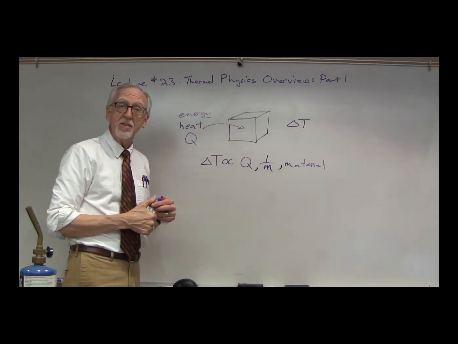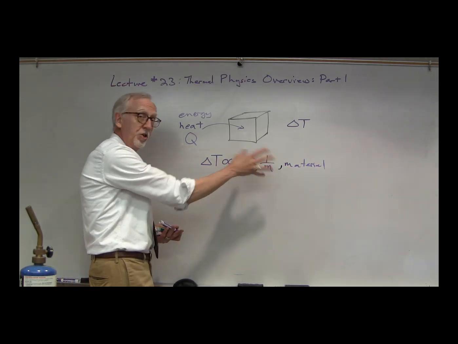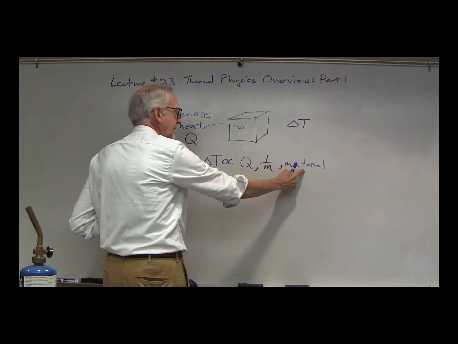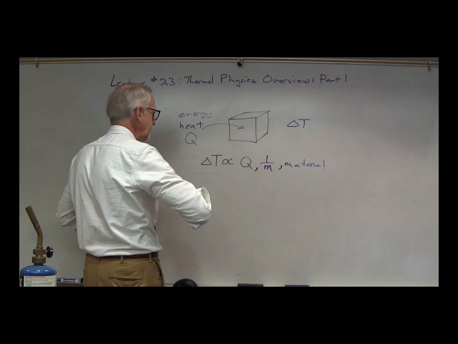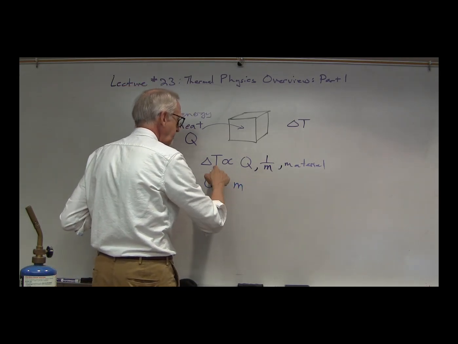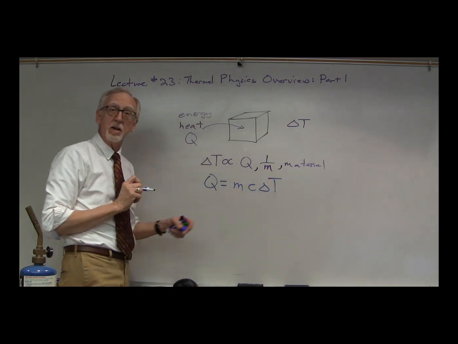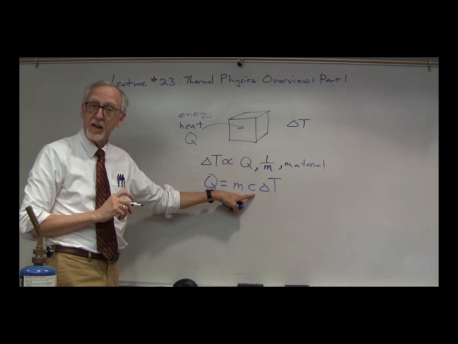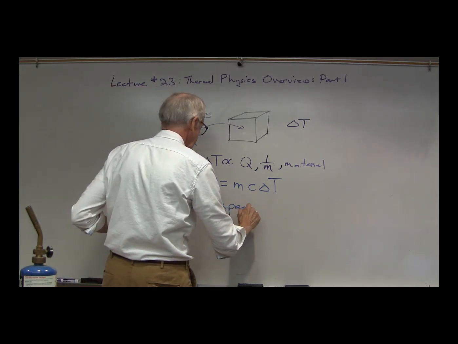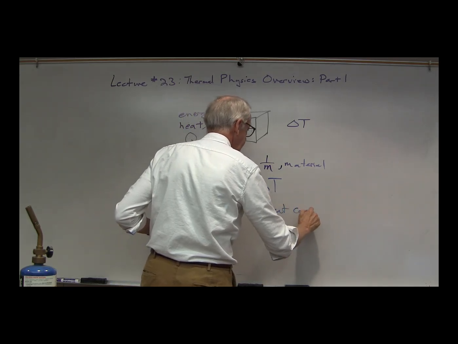Well, we'll write this as an equality, but rather than delta T equals something, we'll write it as Q equals something. So bringing the M over here, the dependence on the material over here, we're going to write this as Q equals M delta T times the material dependence, which we'll write as a letter C, where C is called the specific heat capacity.